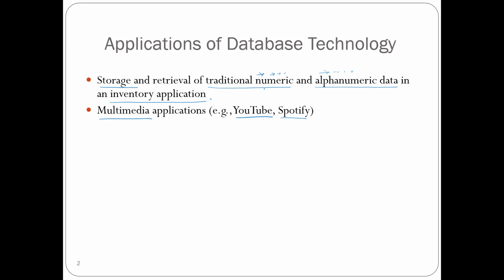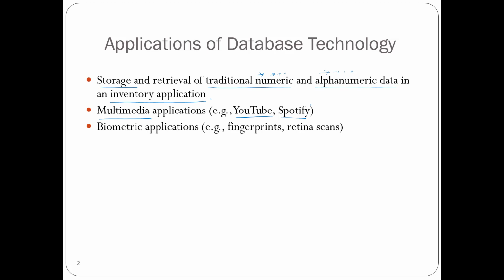It's not like the previous one where the data was simpler, just numeric and alphanumeric. With applications like YouTube and Spotify, the data that we store is multimedia data: YouTube has videos, Spotify has songs. We can use these applications to search for videos on YouTube and songs on Spotify.